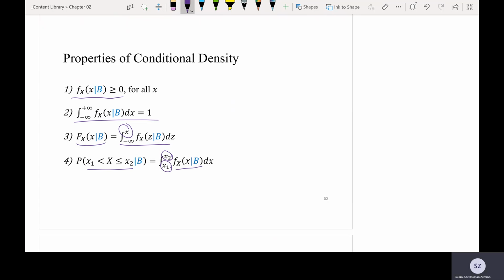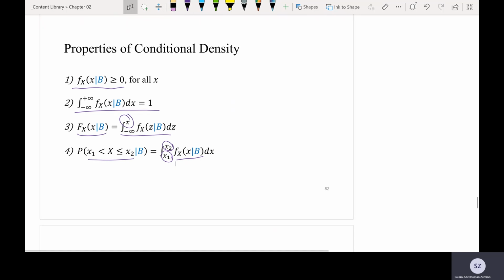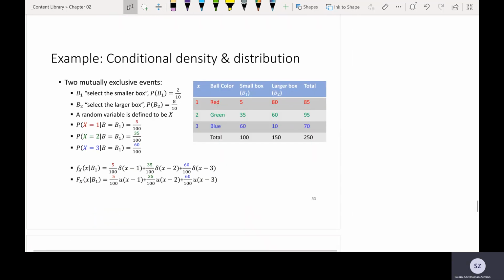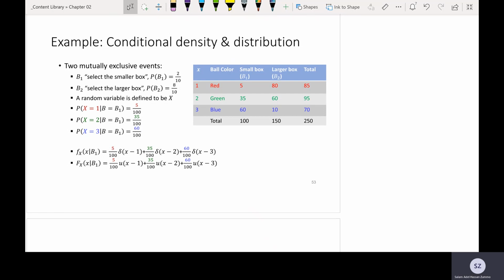Let's have an example, because it seems that these are only rules. We have this table that shows the distribution of two boxes, a small box and a larger box. It's as if you are picking a box, and then picking certain balls inside the box: red, green, and blue.